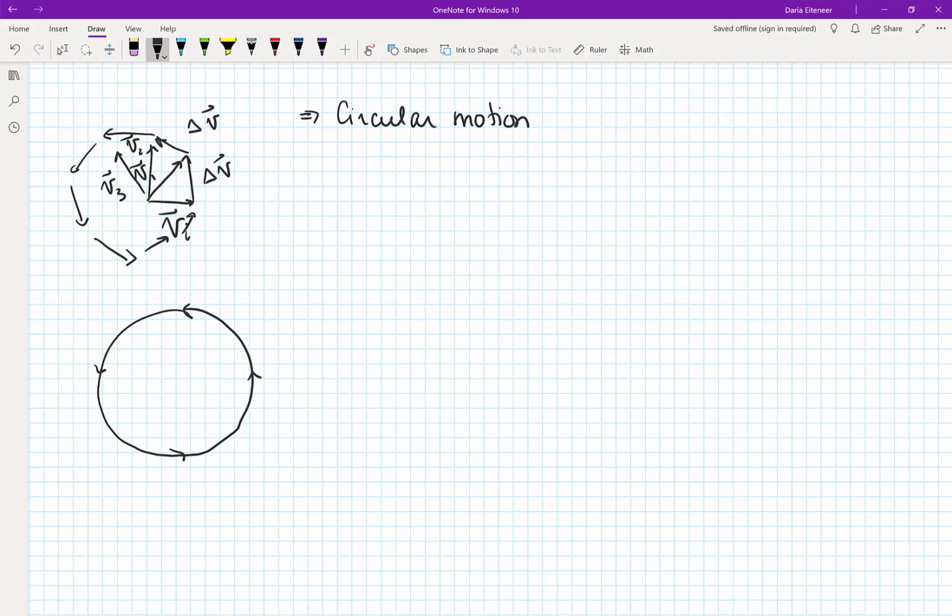The point is this is two-dimensional motion, in a plane. Now recall that whenever we have one, two, or three-dimensional motion, the velocity vector is always tangent to the trajectory. So in this case, the trajectory is a circle, so the velocity vector is tangent to the circle.